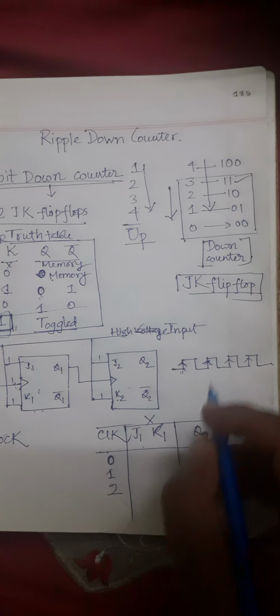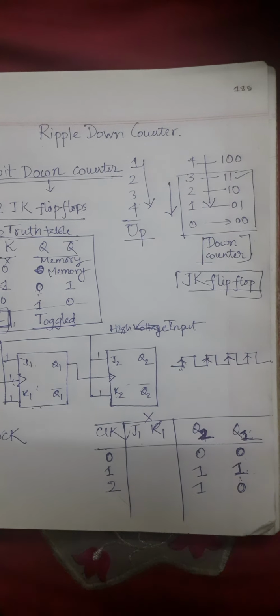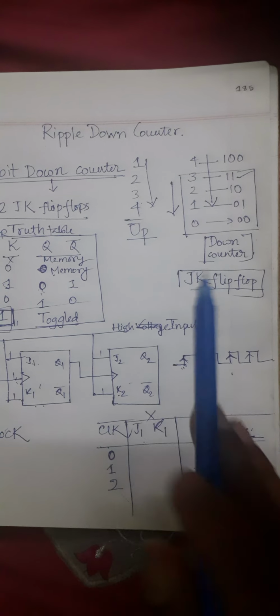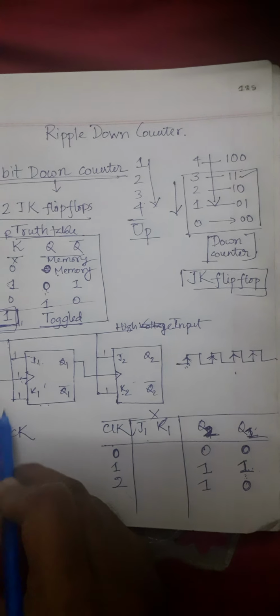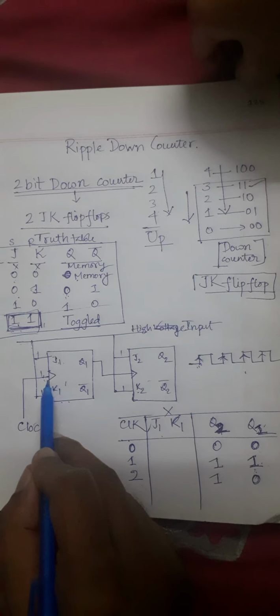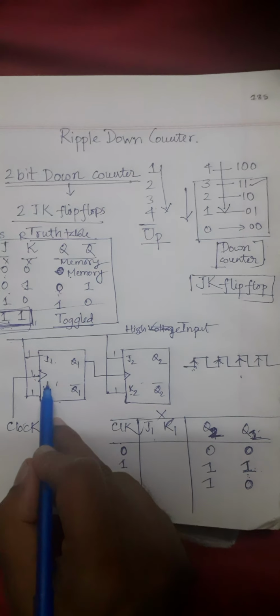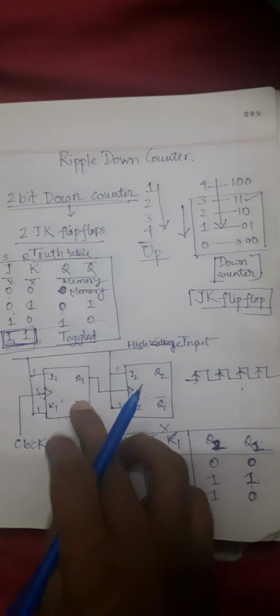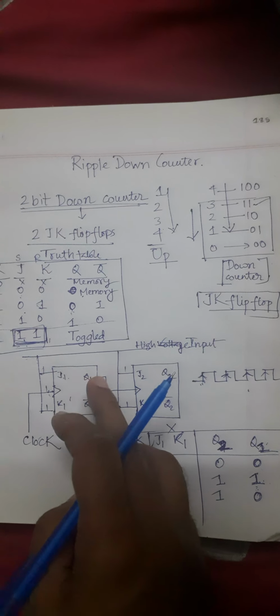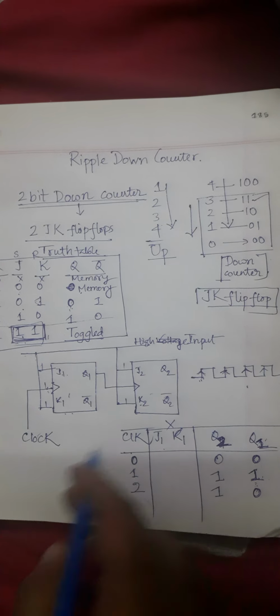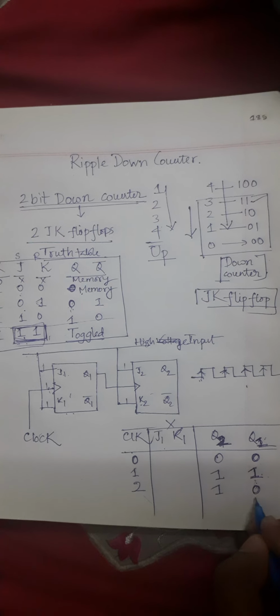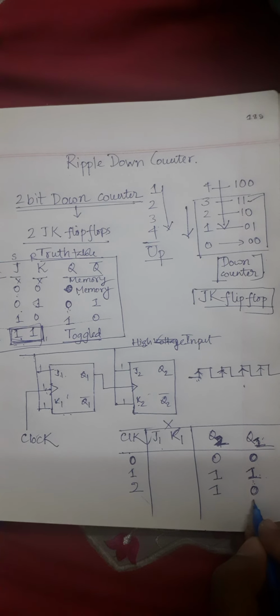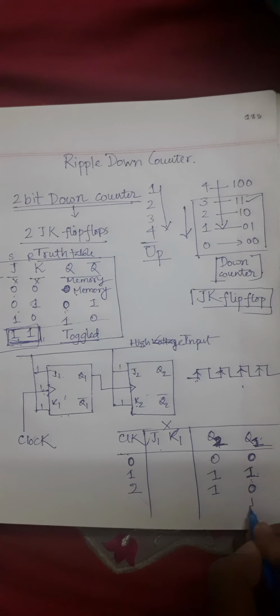Then during the third clock cycle, third rising edge, again we are providing a clock pulse of 1. Due to this clock pulse, this flip-flop will be triggered and we will have a toggled output at q1. At q1 we have 0 now, so if it gets toggled, we will have 1.